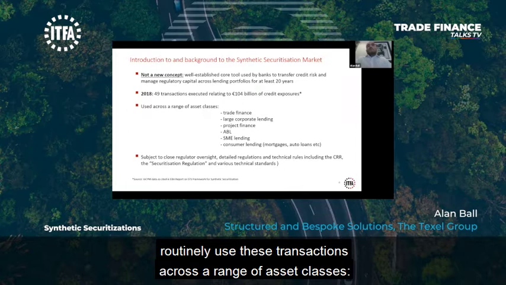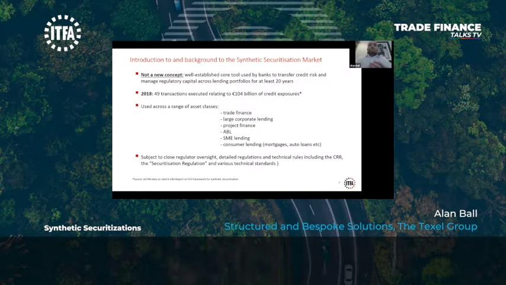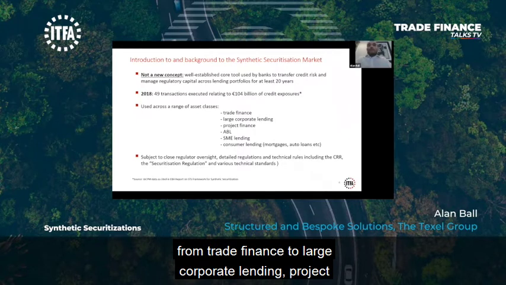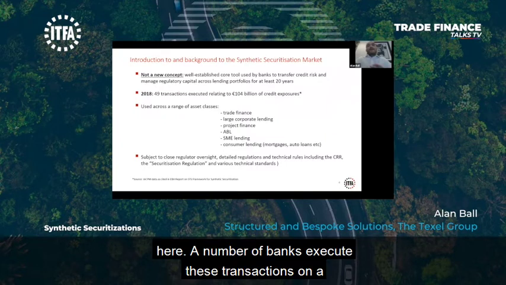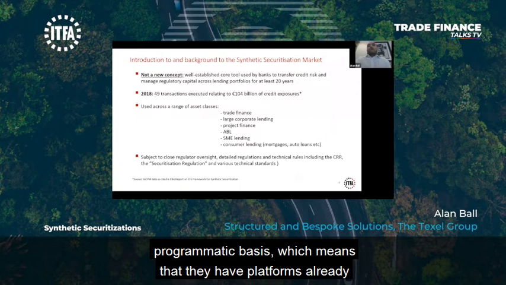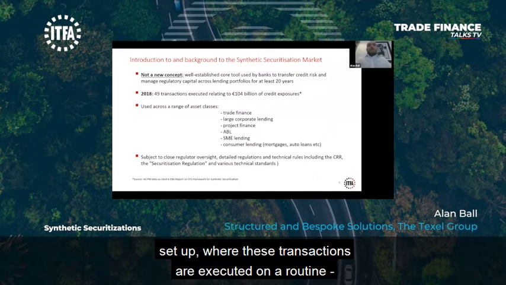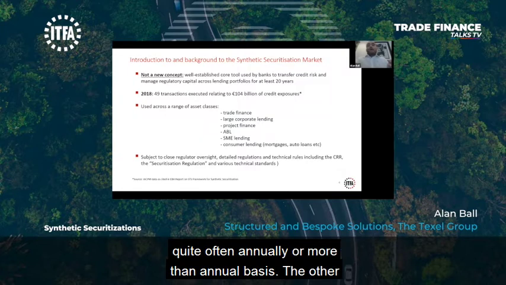The banks routinely use these transactions across a range of asset classes, from trade finance to large corporate lending, project financing, asset-backed lending, and the other classes listed there. And a number of banks execute these transactions on a programmatic basis, which means that they have platforms already set up where these transactions are executed on a routine, quite often annual or more than annual basis.